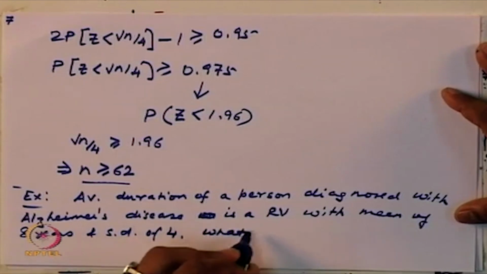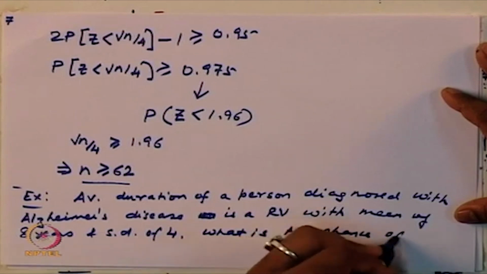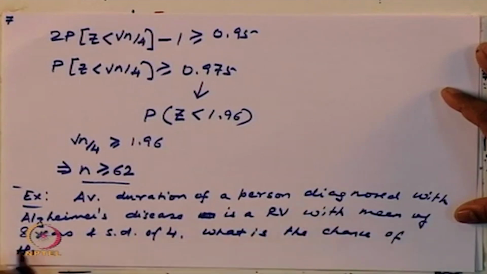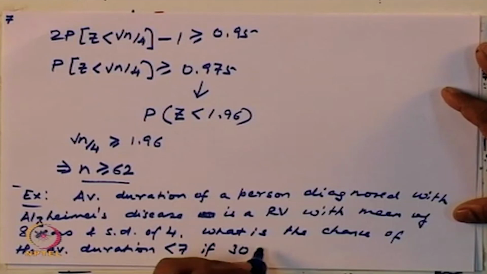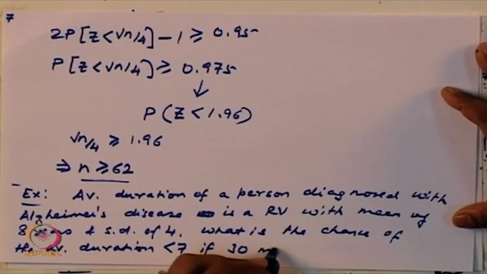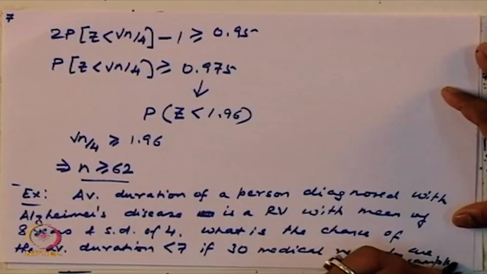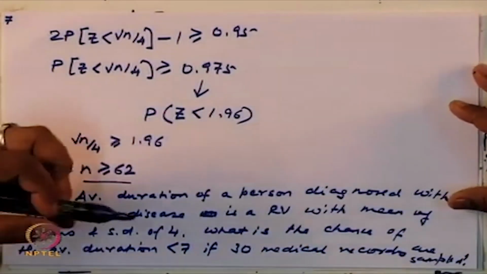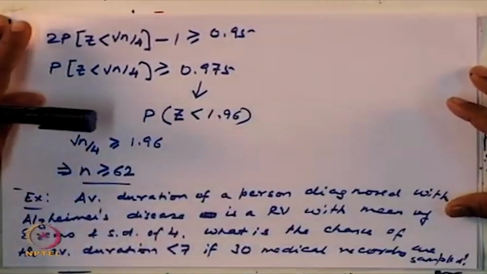So, what is the chance of the average duration being less than 7 if 30 medical records are sampled? If you sample 30 medical records, what is the chance that the average duration will be less than 7?